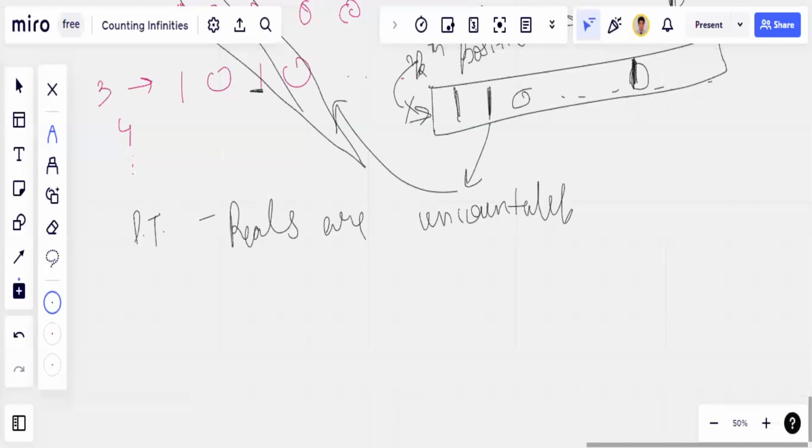Any ideas, anyone? Okay, divide the number by 10 to the power a.